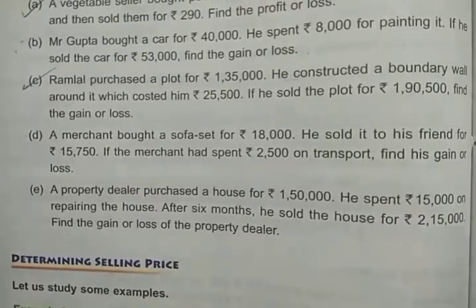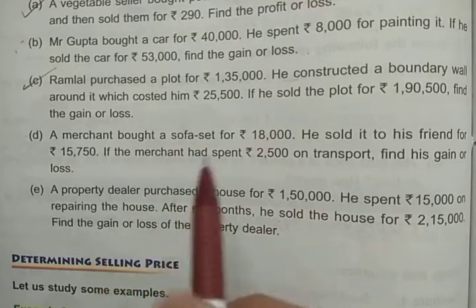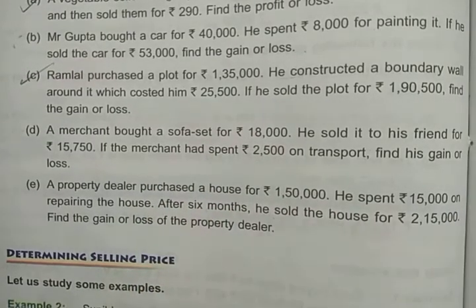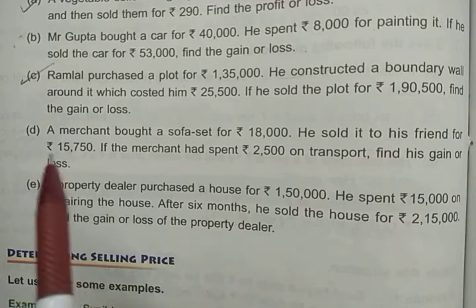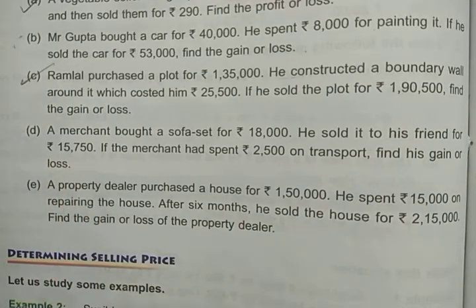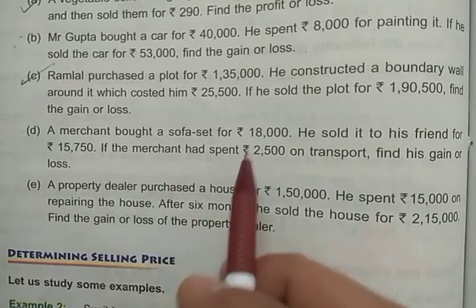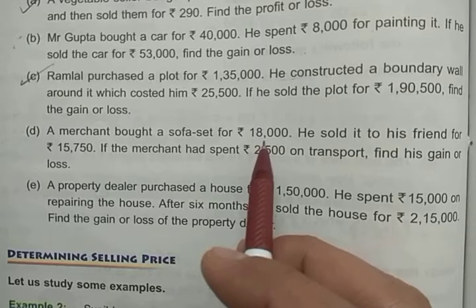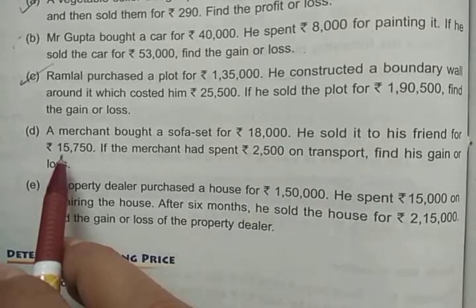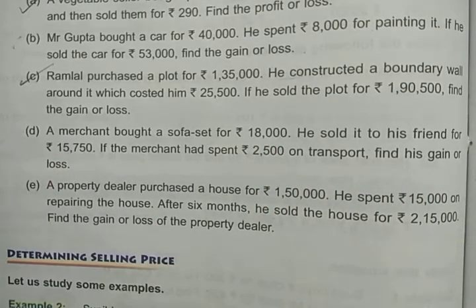Now the next one. A merchant bought a sofa set for 18,000 rupees and he sold it to his friends for 15,750 rupees. So this is the cost price of the sofa set, that is 18,000, and this is the selling price, that is 15,750.